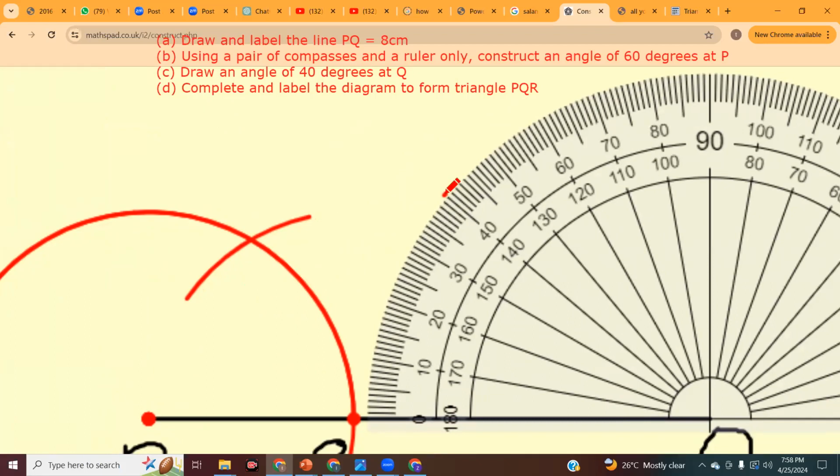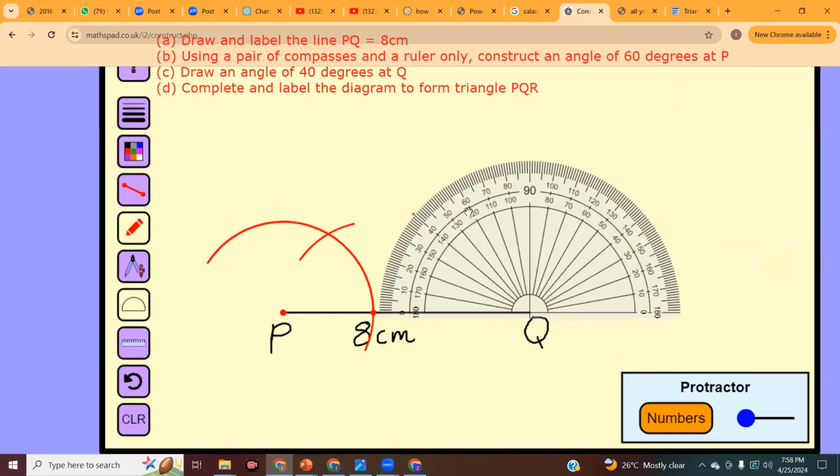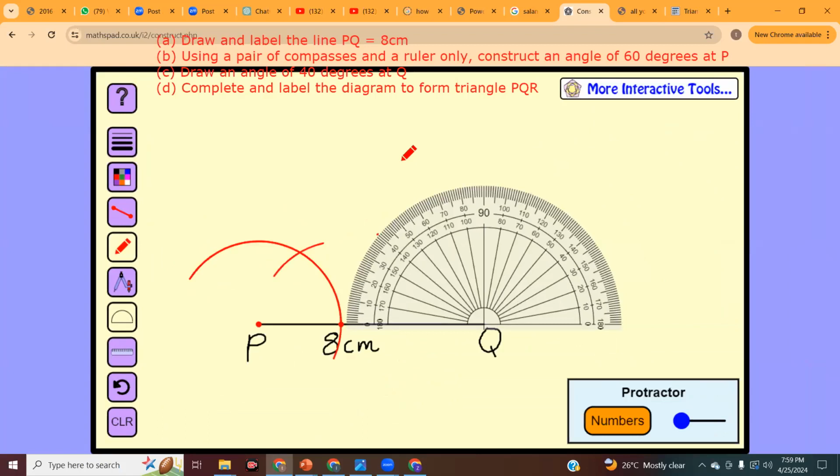And then they said, how long should they say label it? Okay, draw and label the line PQ, 8 centimeters. Use a construct. Oh. We just have to draw it out.